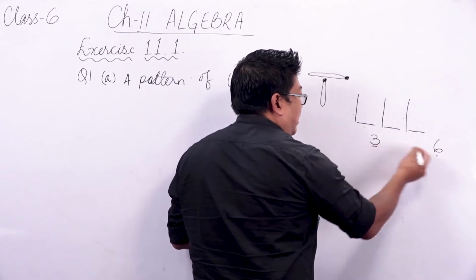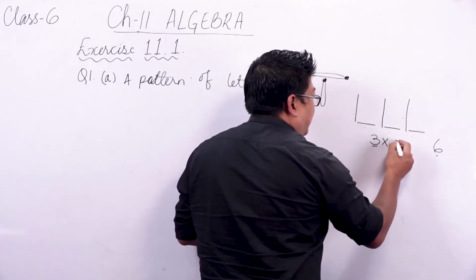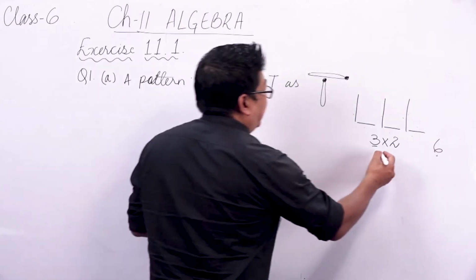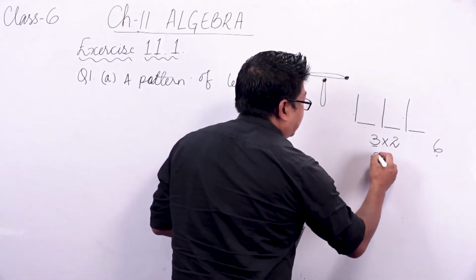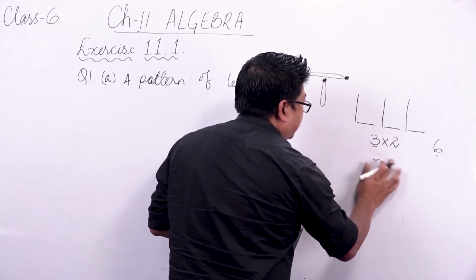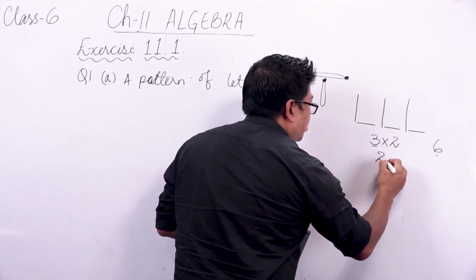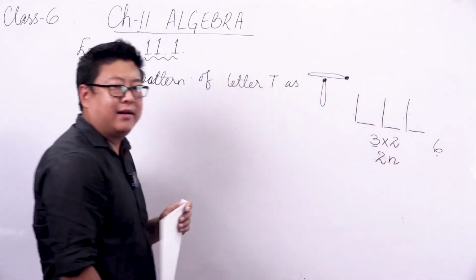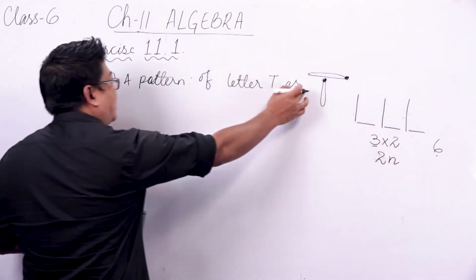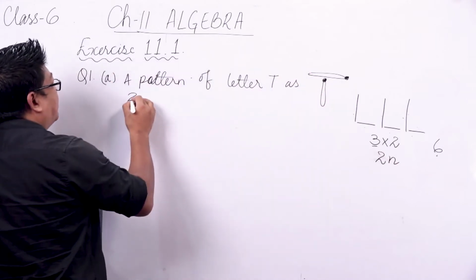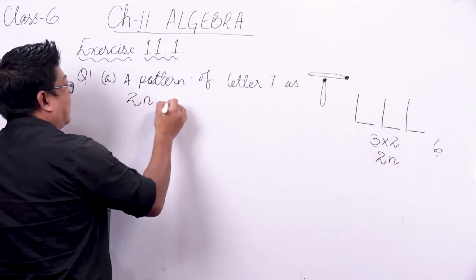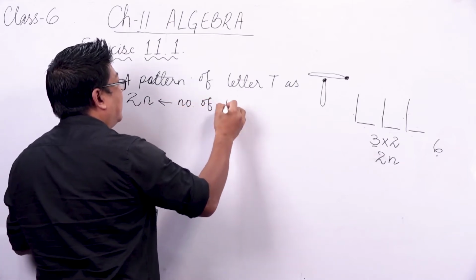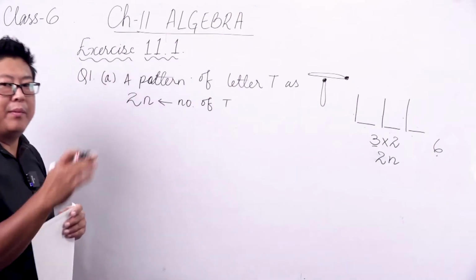That means for 3 to reach 6, we multiply with 2, right? So in the same way, we represented 2 as constant and 3 as n, right? So similarly for this also, we will use the pattern 2n. That means this n is the number of T's you are making.